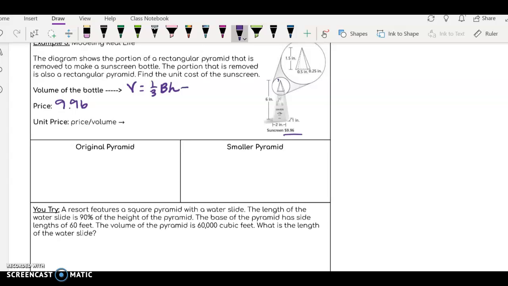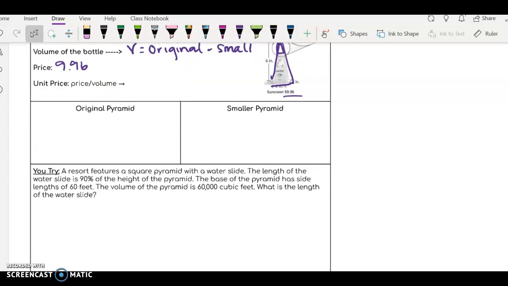So we had the big giant pyramid, and then we have this little tiny one on top that gets removed. So we're actually going to remove the small pyramid. So it's almost like having the big pyramid original minus the small. I'll explain that even further here in a second.